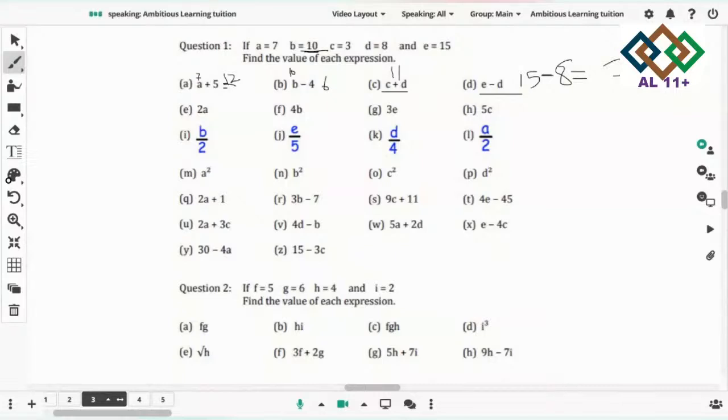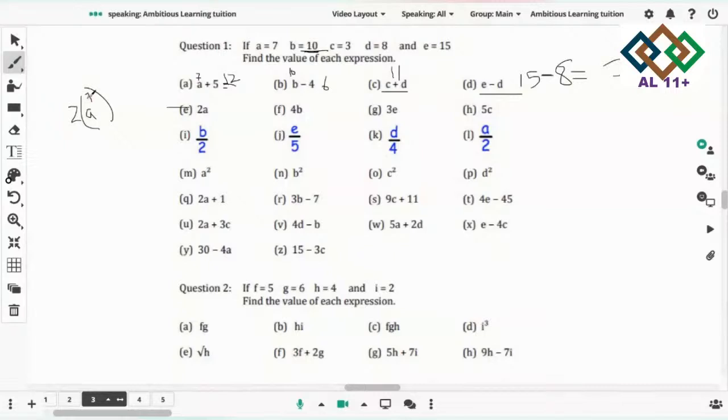Now you have 2a. Do you guys know how to do this one now? If you have something like this, I'll tell you one example. You'll be doing 2, it means you are multiplying it by a. So your a here is 7.